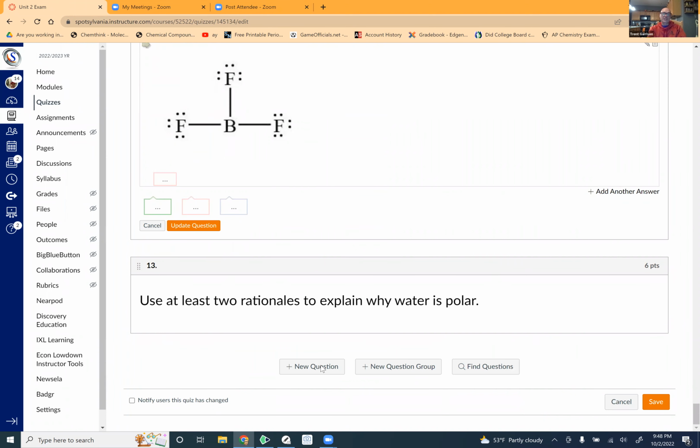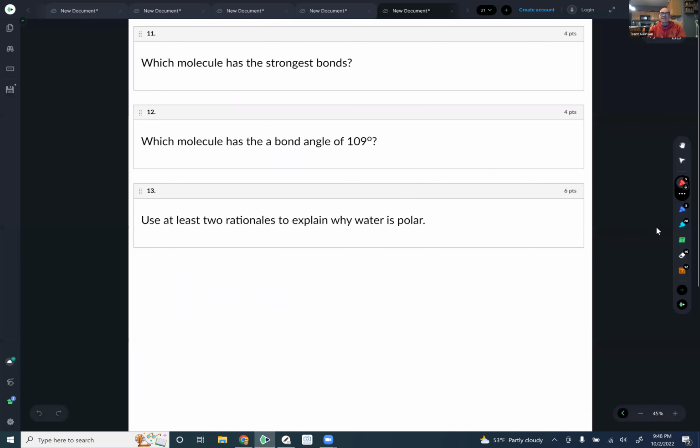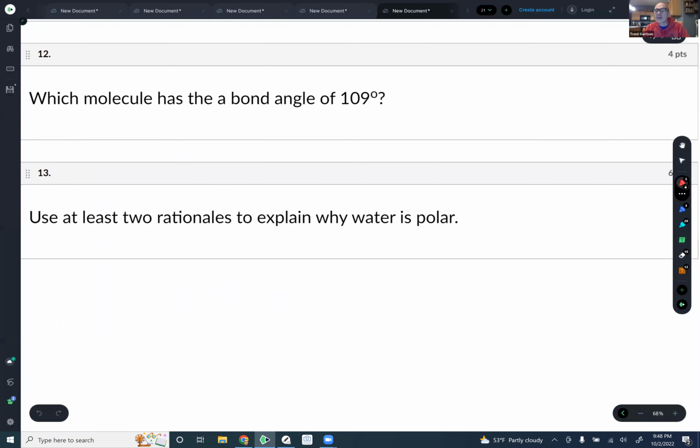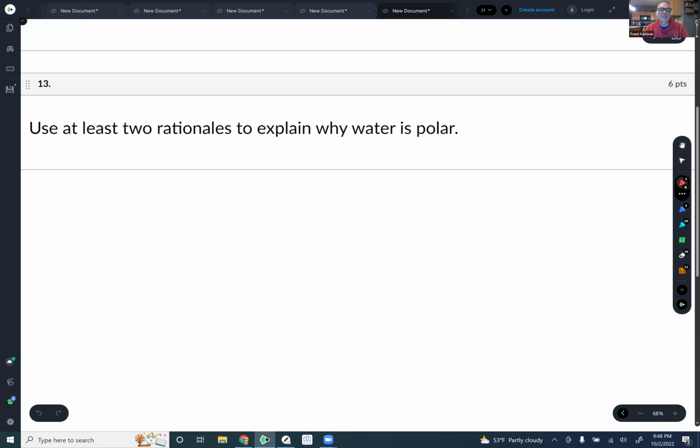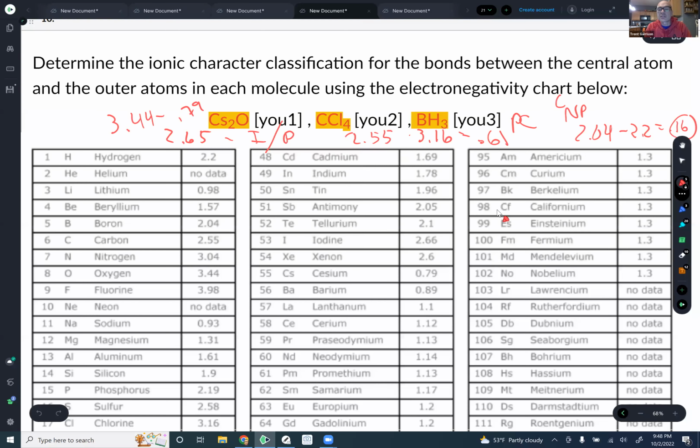Two rational reasons why polarity exists in water. And so I needed you to have some rational explanation for it. And it could have been any of the above reasons: size, shape, or bond. Now, if you're going to go with the bond, that means we need to prove it. You can't just say that there was an ionic character. So we would have to have 3.44 for the oxygen and 2.2 for the hydrogen.